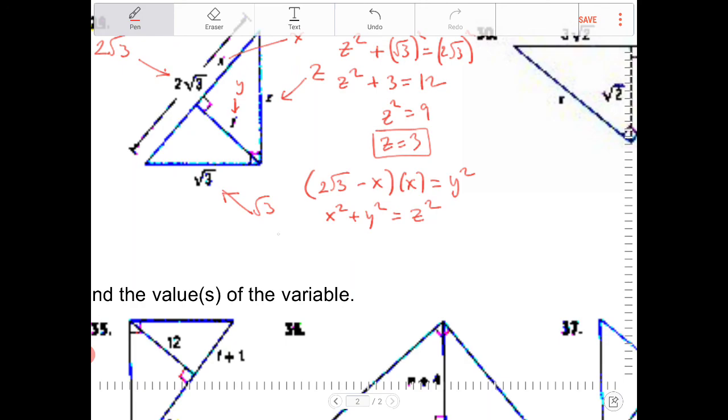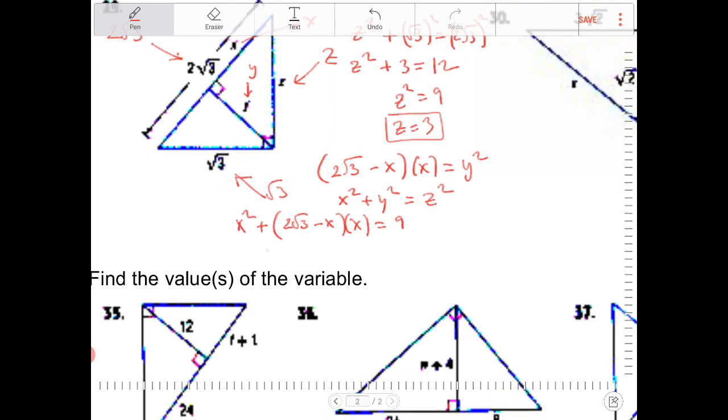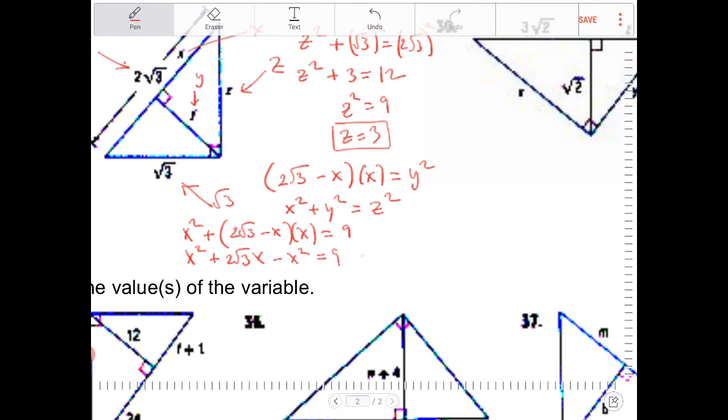So I can say 2 square root of 3 minus x times x plus x squared is equal to z squared, which is equal to 9. If I distribute the x, I'll end up with x squared plus 2 radical 3 x minus x squared is equal to 9. The x squares cancel. I'm left with x is equal to 9 over 2 radical 3.